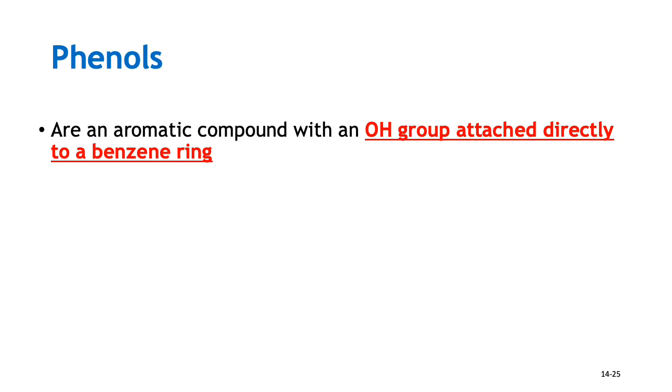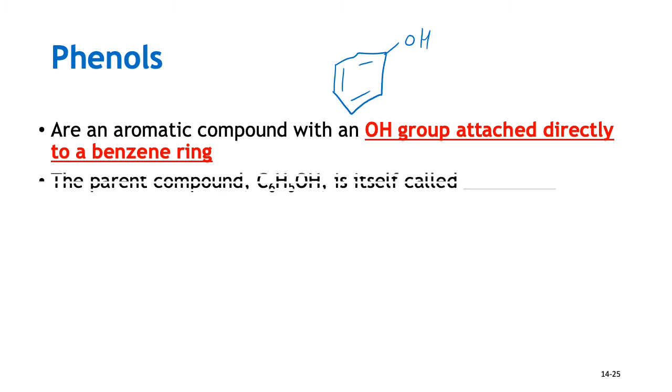And phenols are aromatic compounds with an OH directly attached to a benzene ring. So that's phenol right there. The parent compound, C6H5OH, is itself called phenol. It's a white crystalline compound that has a distinct odor.